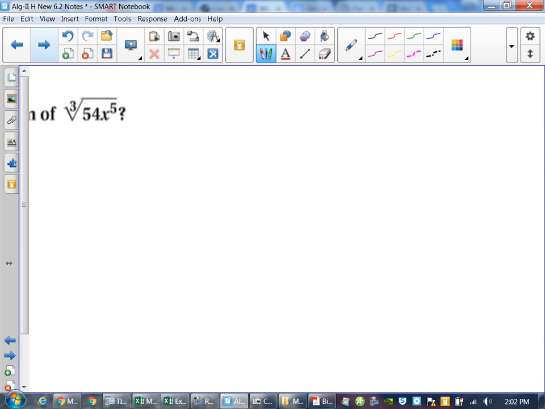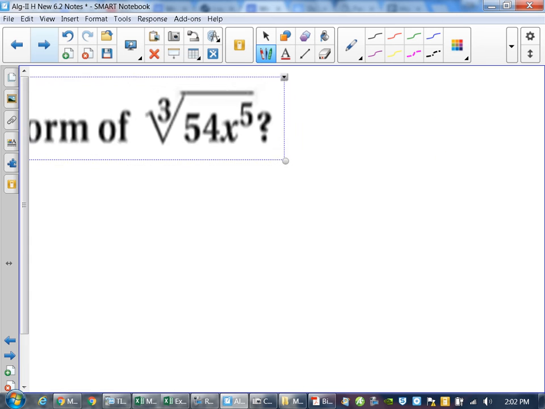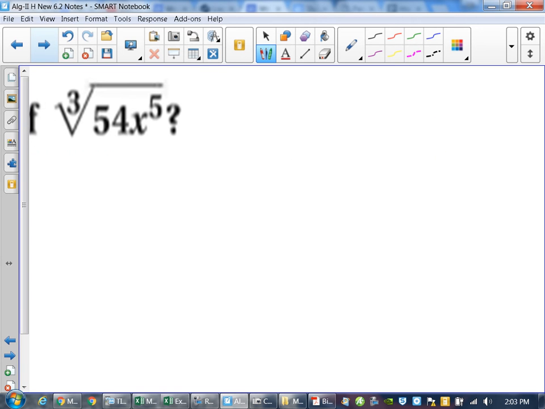Same deal here. If I want to simplify the cube root of 54x to the 5th, why not? So, just like we did before, when you work with square roots, you were looking for perfect squares.